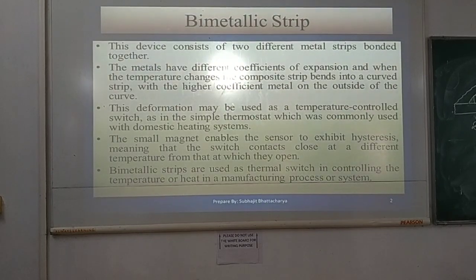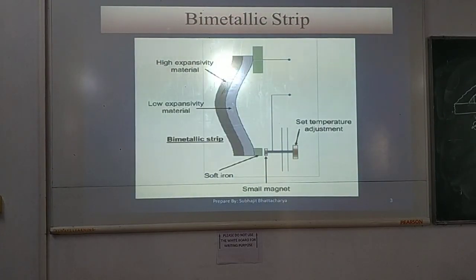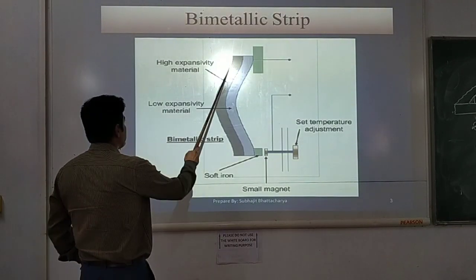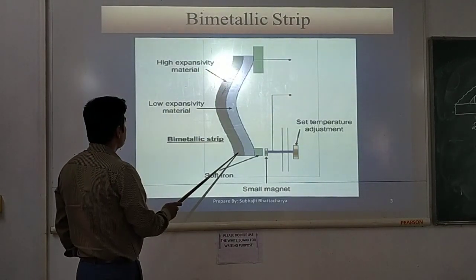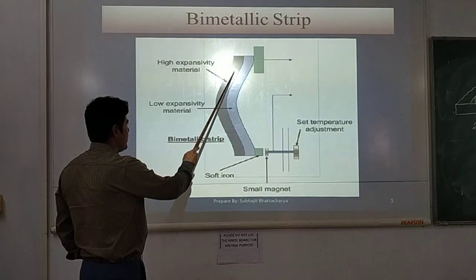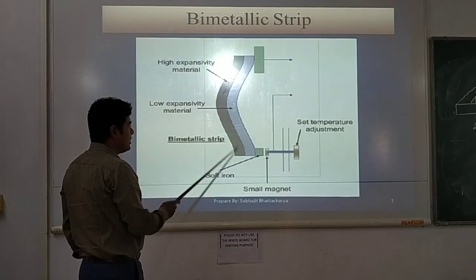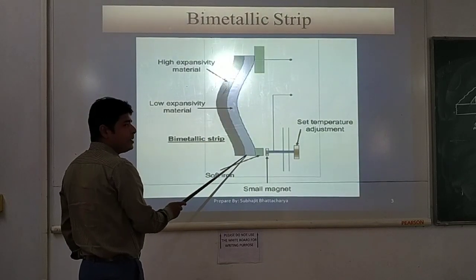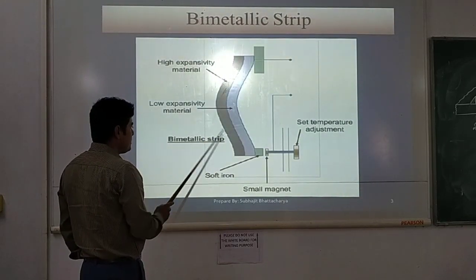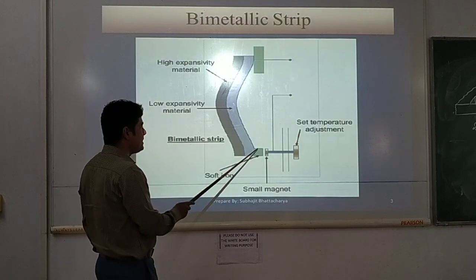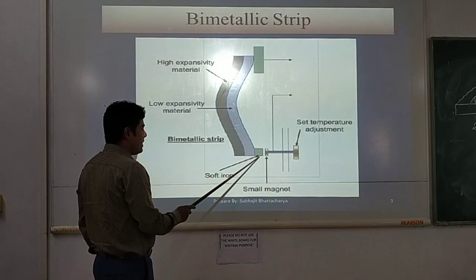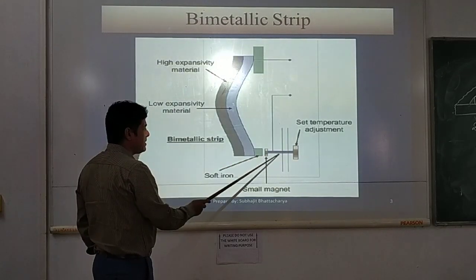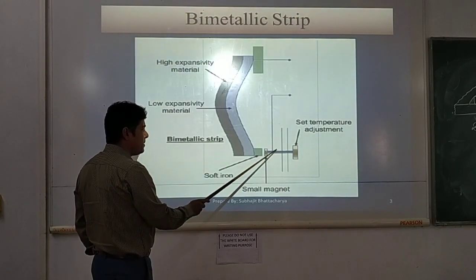So this is the construction of a bimetallic strip. We can see that this is the high expansivity material, that is, material with a higher coefficient of thermal expansion, and this is the one with a lower coefficient of thermal expansion. So this is known as a bimetallic strip. We can see that there is a soft iron, here is a small magnet, and this is a set temperature adjustment. There could be some graduations.